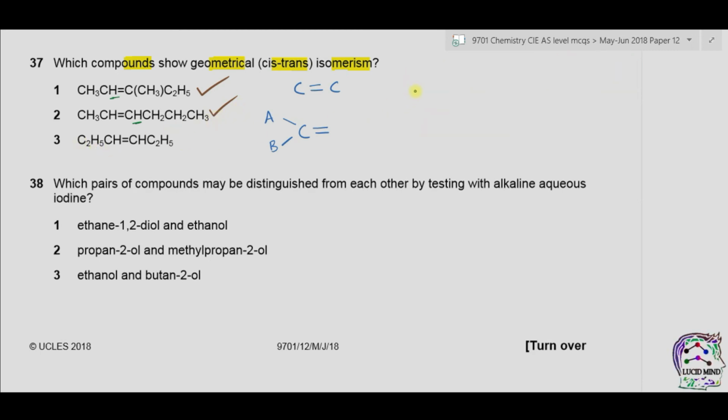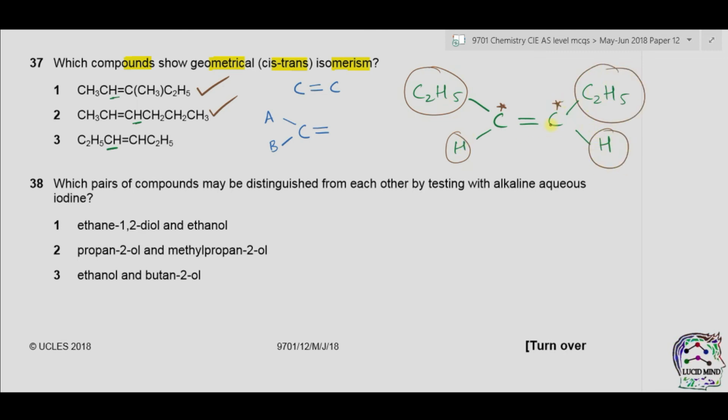Option 3, we have C2H5. Hydrogen is also present with carbon. Then on the second side we have C2H5 and hydrogen. Again the double bond is present, and the carbons making the double bond are attached to two different groups, so this will show cis-trans isomerism. As all three options are correct, the answer is therefore A.